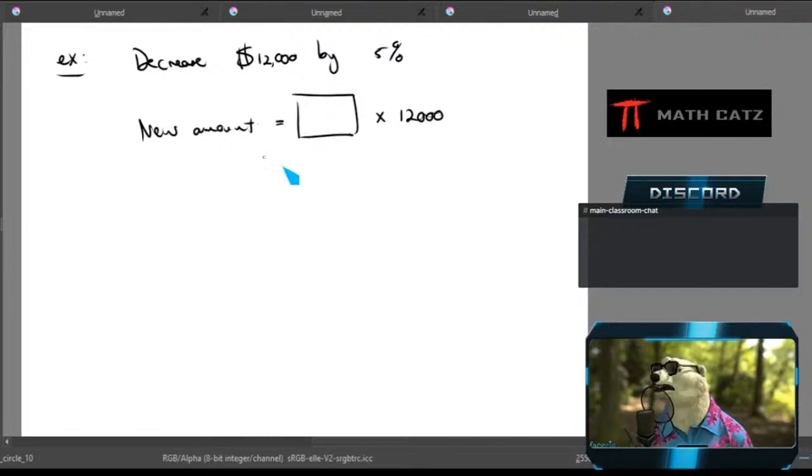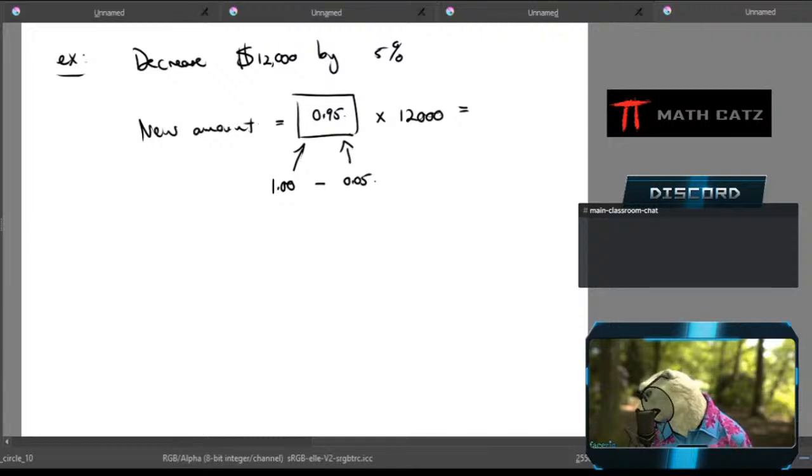What is my scale adjustment factor here? I'll write it down in detail here. My base 1, take away the decimal version of the percentage, and therefore it's 0.95. Because I decrease, I go down. And then the calculation is what it is. I honestly don't really care about it.